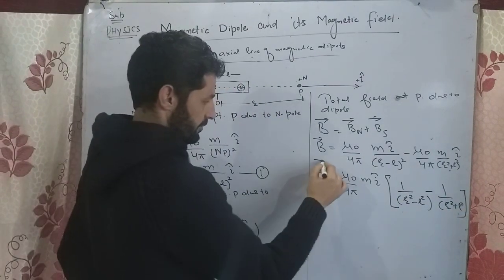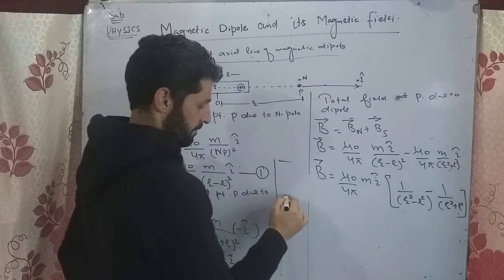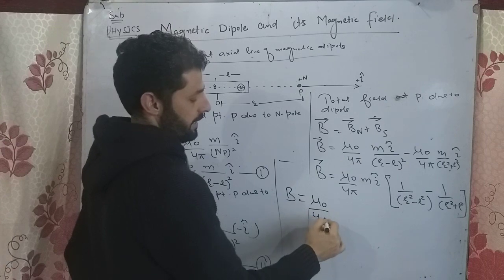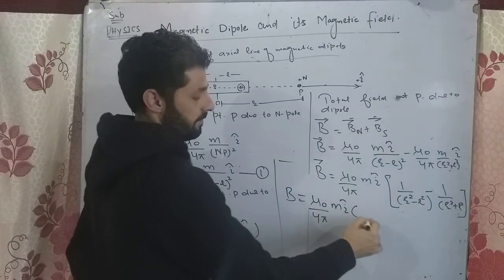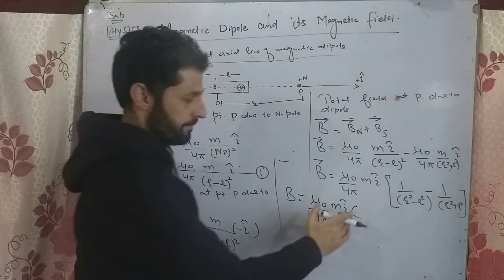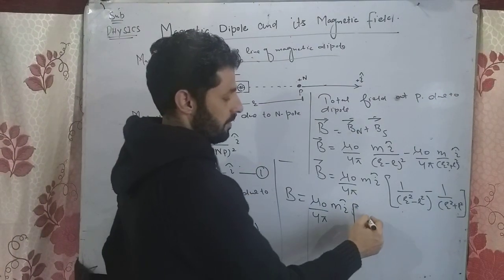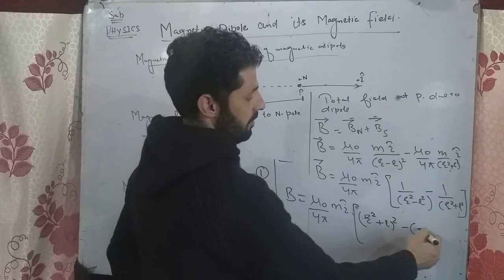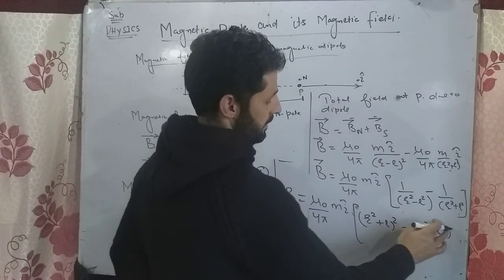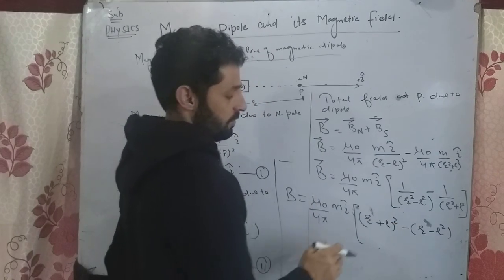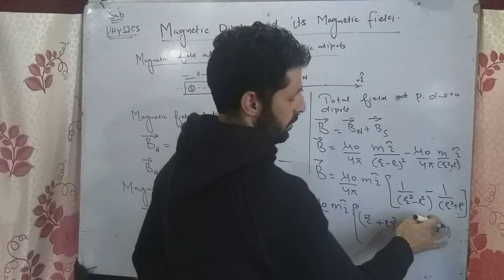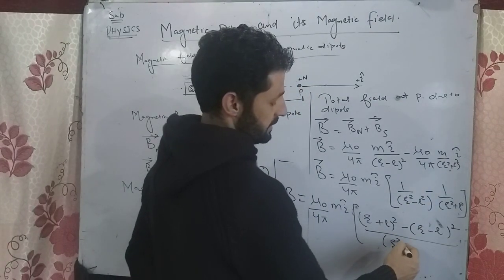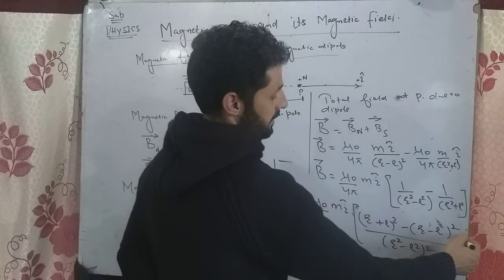So B is equal to mu 0/4 pi M I cap, and this will be R plus L whole square minus R minus L whole square, by cross multiplication, divided by R square minus L square whole square.